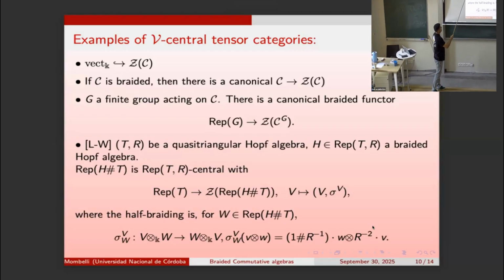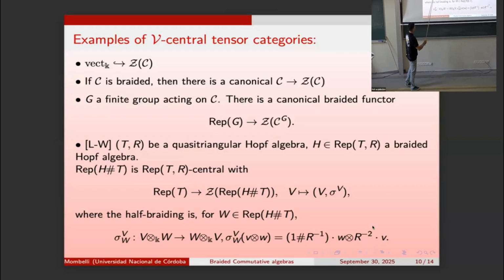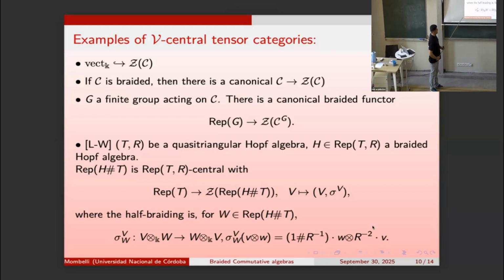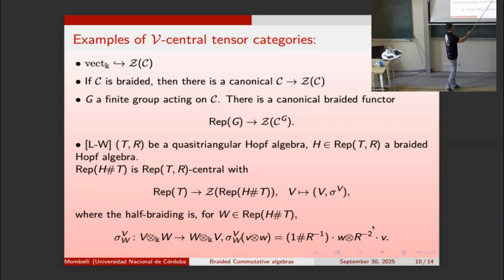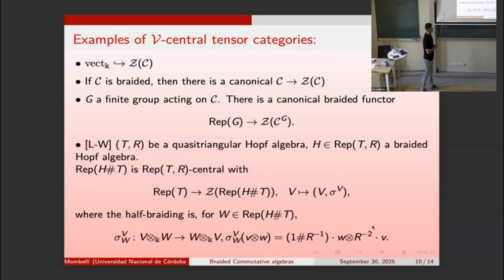Then you can construct the bosonization Hopf algebra H smash T. This is a usual Hopf algebra, and this category is central over the category of representations of T. The functor to the center is, at the level of objects, the identity, but then you have to use the R-matrix to give the half braiding.